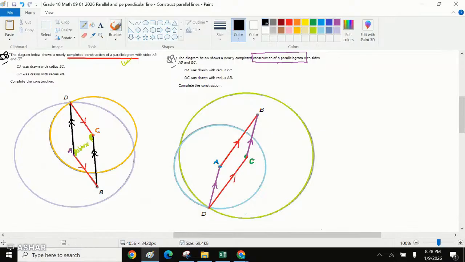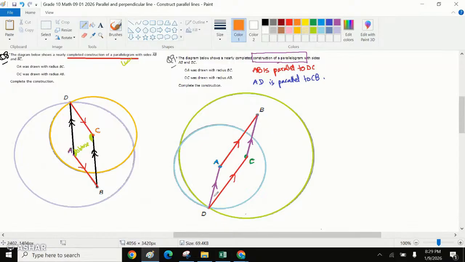And what we can say is AB is parallel to DC and AD is parallel to CB, right? So these were the two pairs of parallel lines.